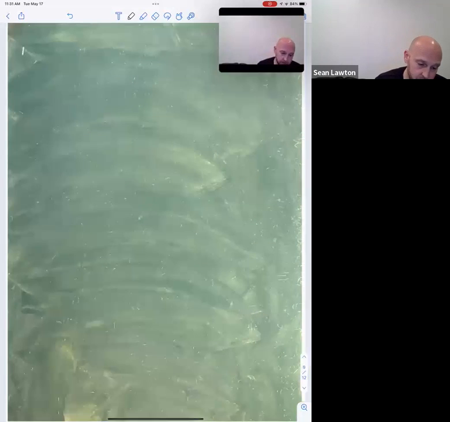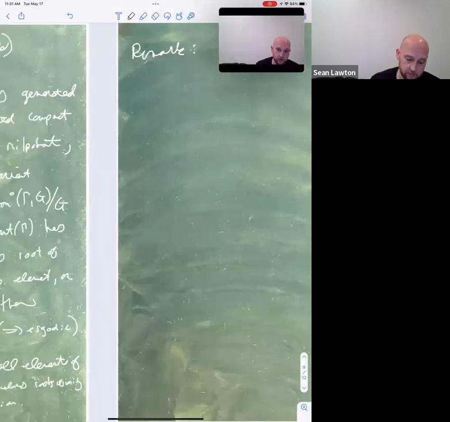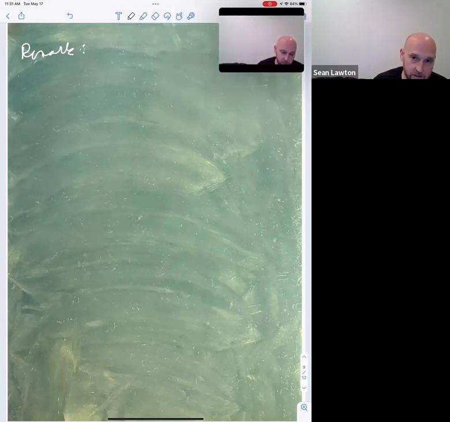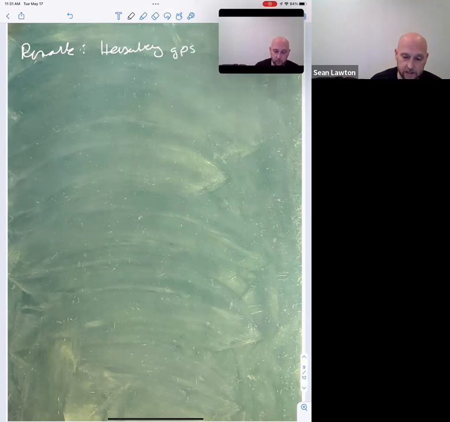Second remark: aside from abelian groups where the theorem always holds, and the one example I illustrated, there are infinitely many examples where the condition does hold. So Heisenberg groups, not just the 3D one we did, but in general, for every n, there is a 2n plus 1 Heisenberg group. We just did the n equals 1 case.